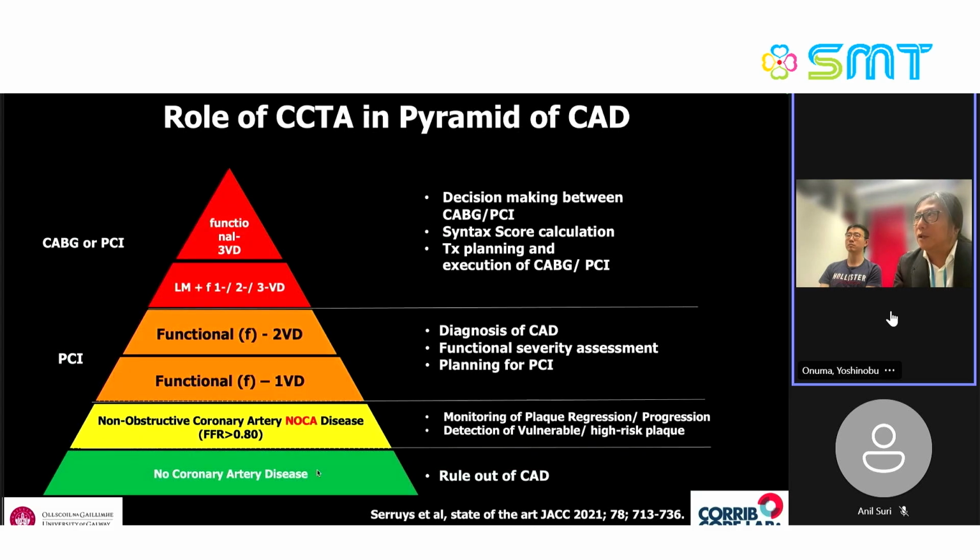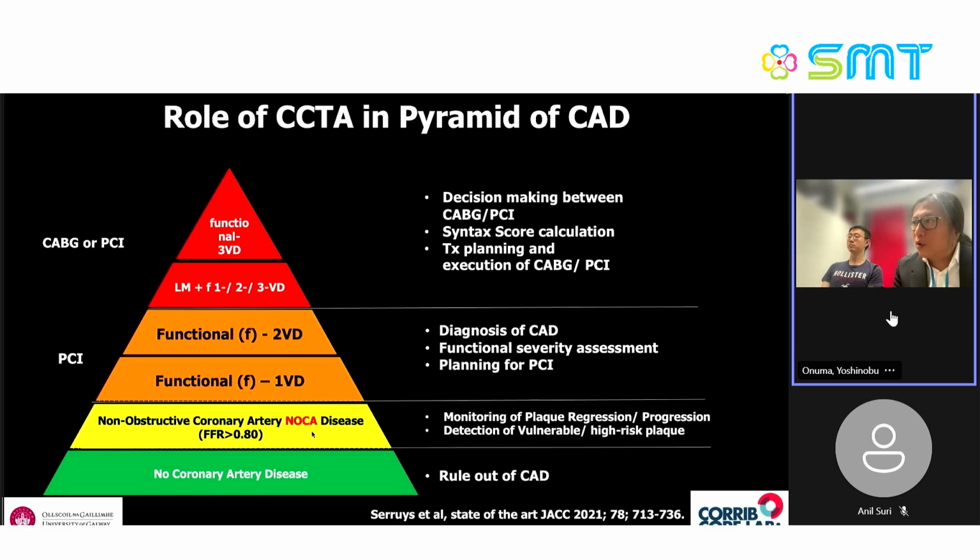These are the layers of the pyramid of coronary artery disease. You have a population without any coronary artery disease, the healthiest patients, and we used CT to rule out those patients without CAD.